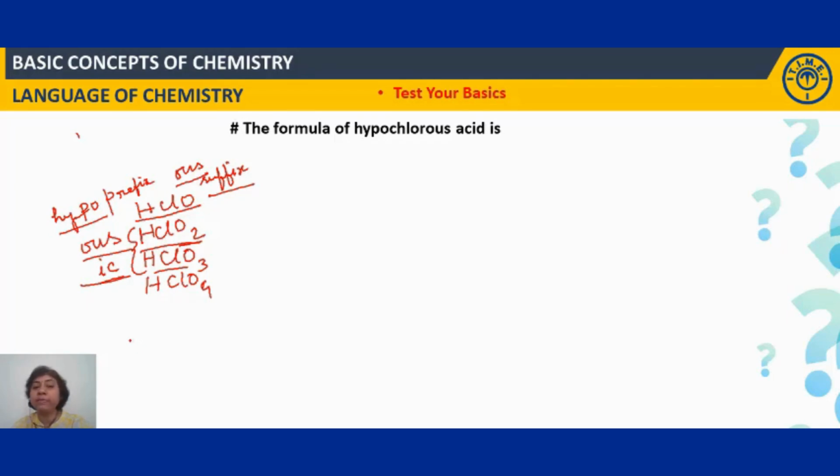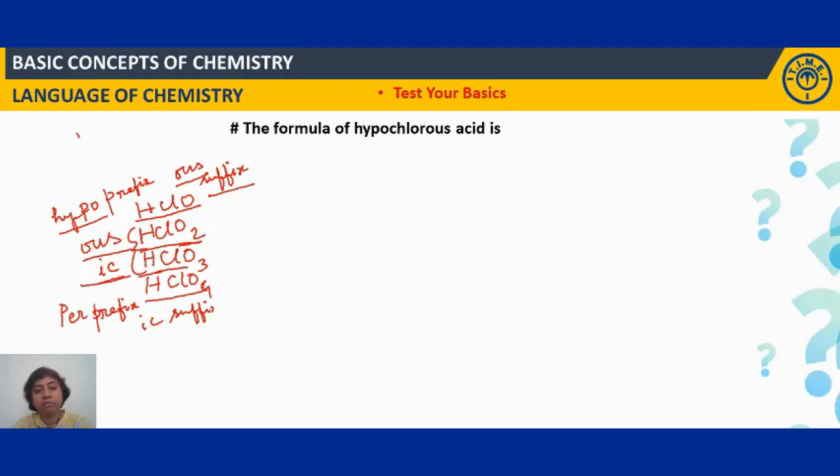So what should be the name? Hypochlorous acid. Second one chlorous acid. Third one chloric acid. HClO4. If the oxyacid contains more oxygen atoms than the IC acid, then we use the per prefix and IC suffix.